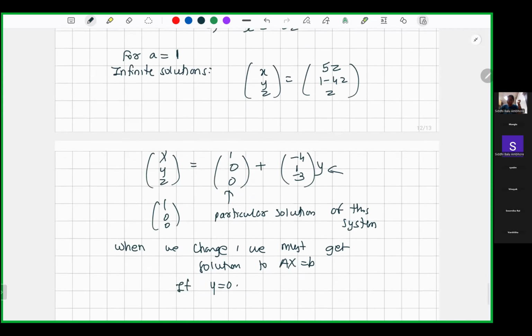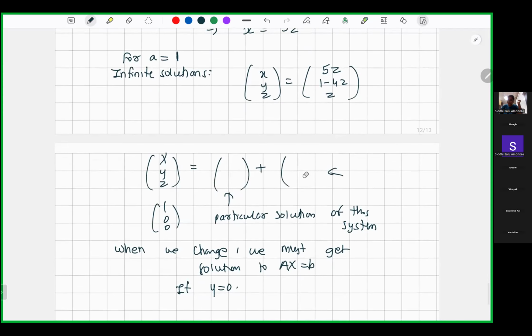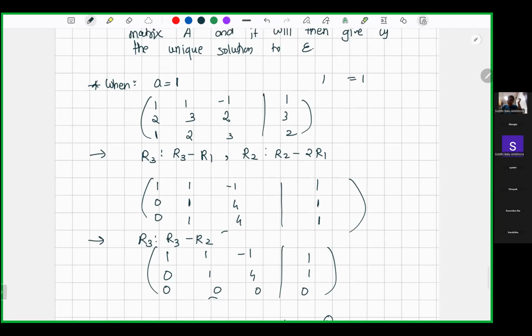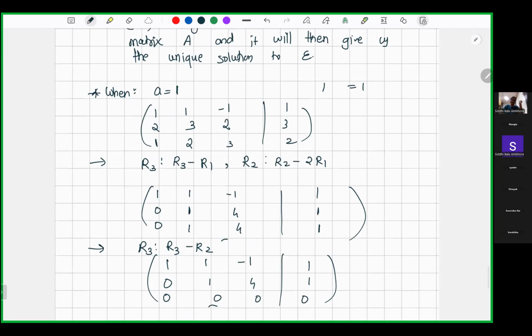And now this particular solution becomes 5 minus 4, 1 times z, plus 0, 1, 0. And now is this a solution? Yes, exactly. So the solution which I got, 0, 1, 0, is the particular solution and actually satisfies this equation.